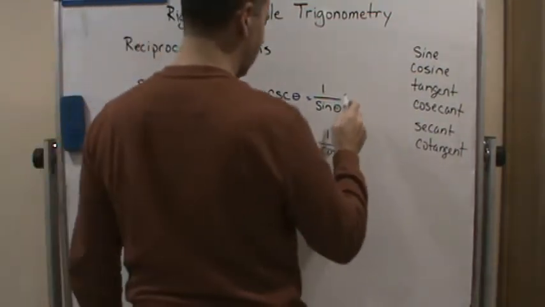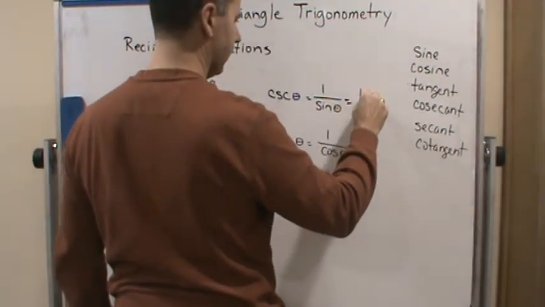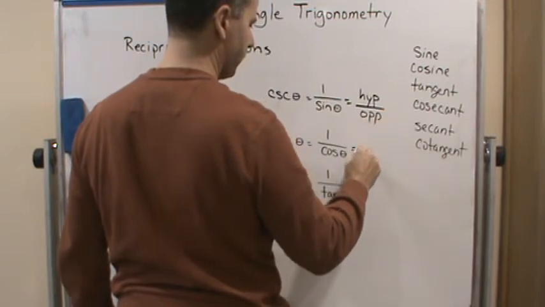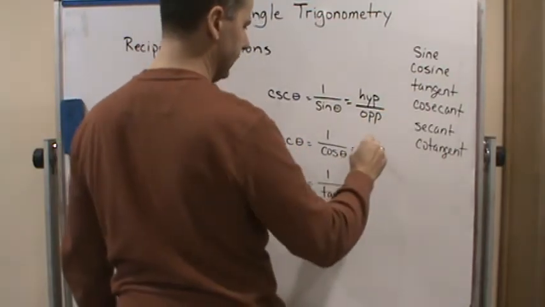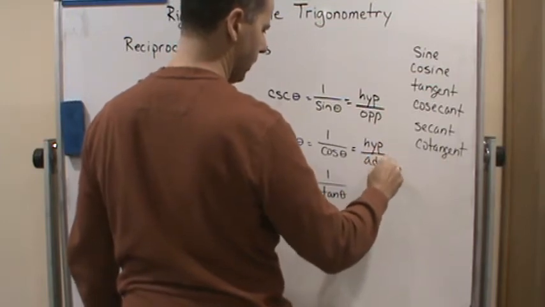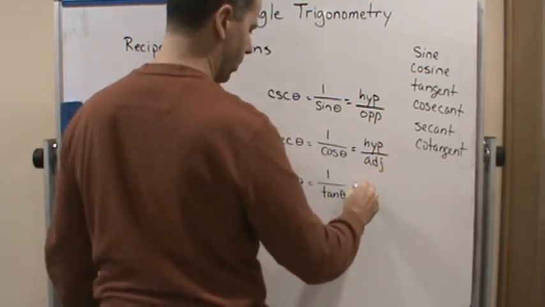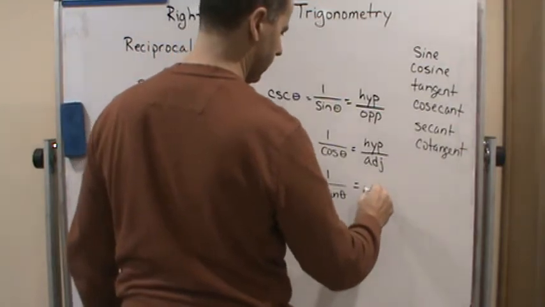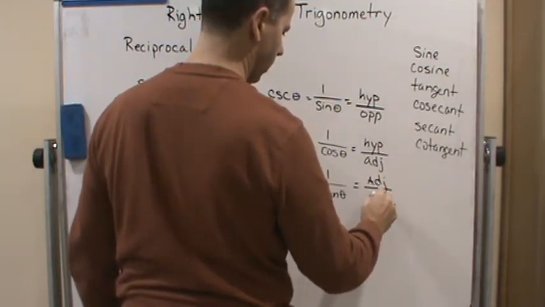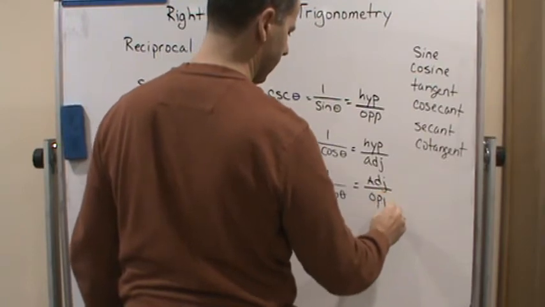That means cosecant is hypotenuse over opposite, and secant is hypotenuse over adjacent, and cotangent is adjacent over opposite.